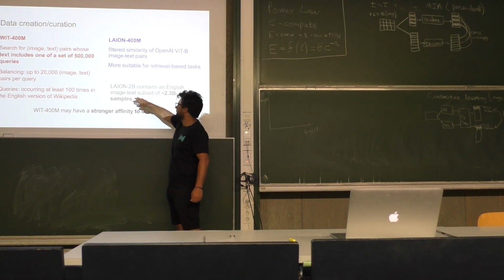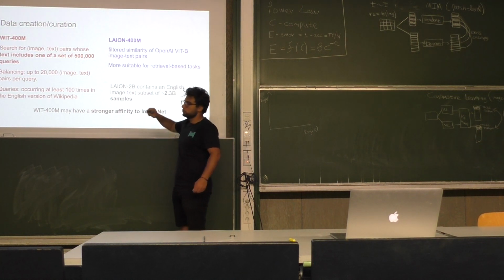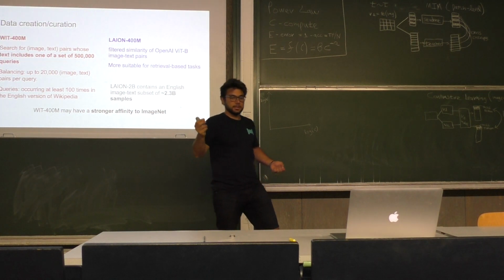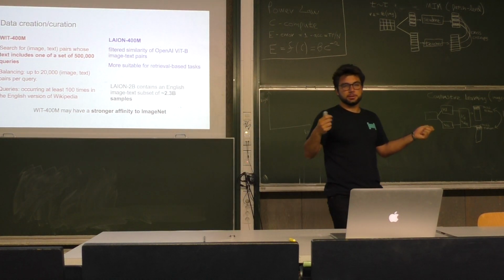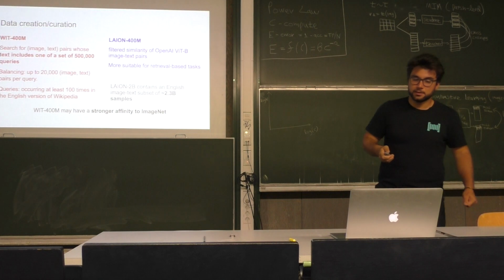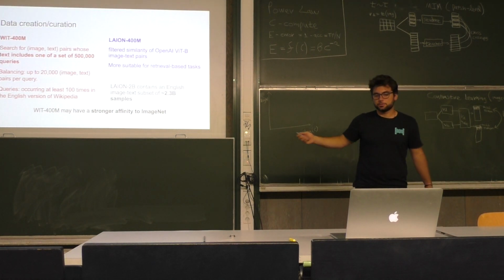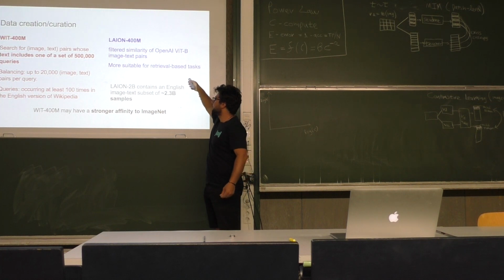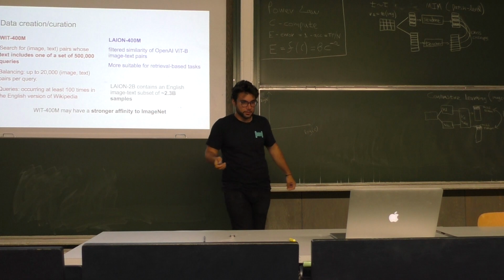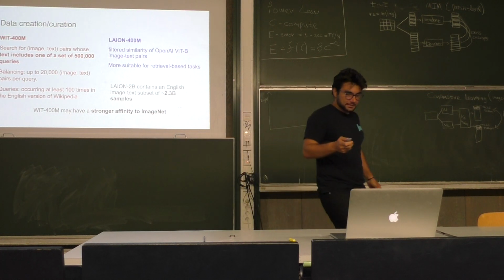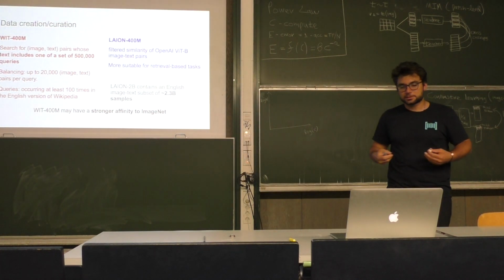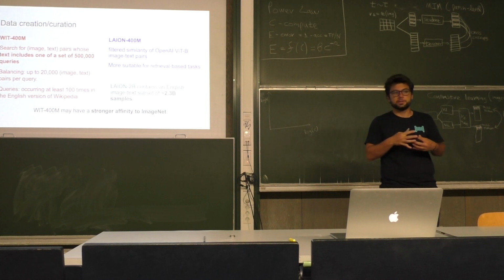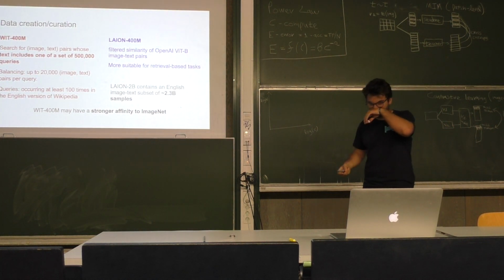And they even created another subset of 2 billion image and text descriptions in English. And they said, okay, now we have these two very large and diverse datasets scraped from the web, let's see what's going to happen, how big models can we train.